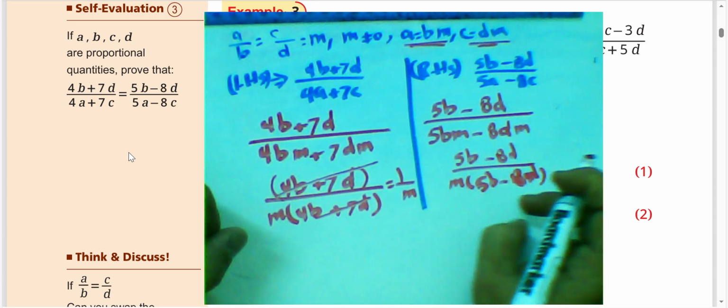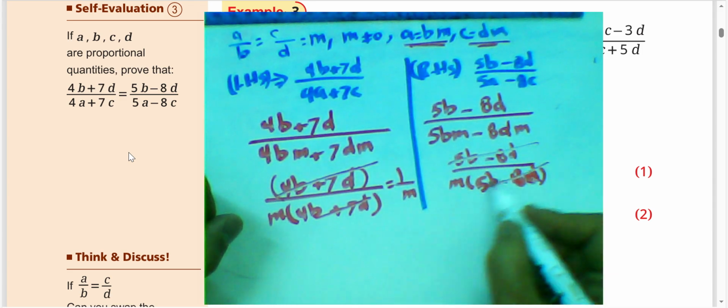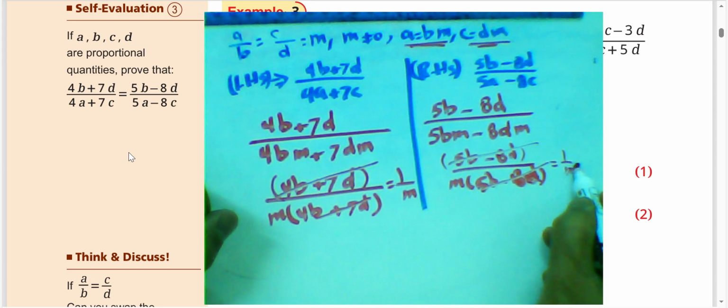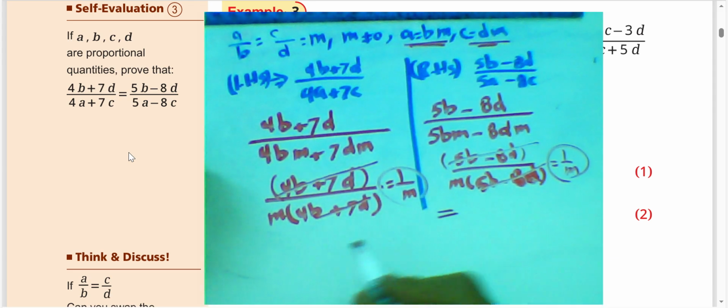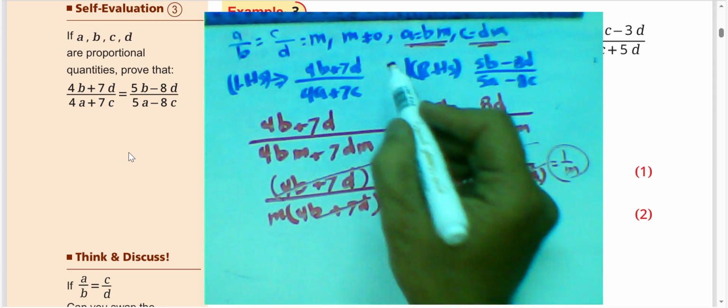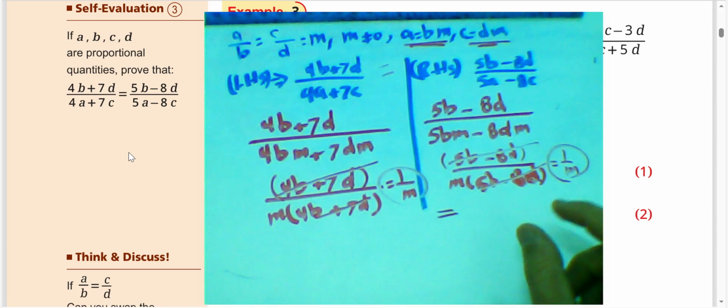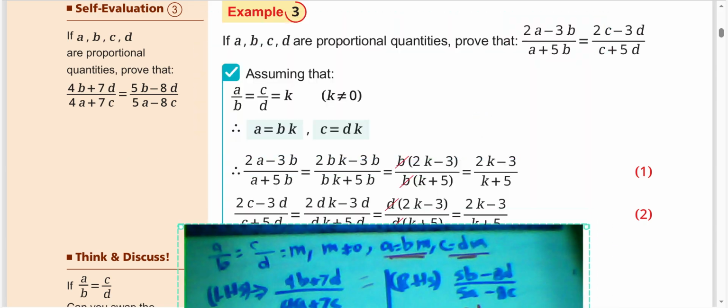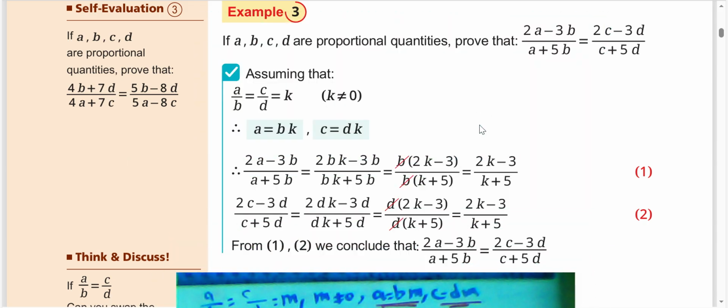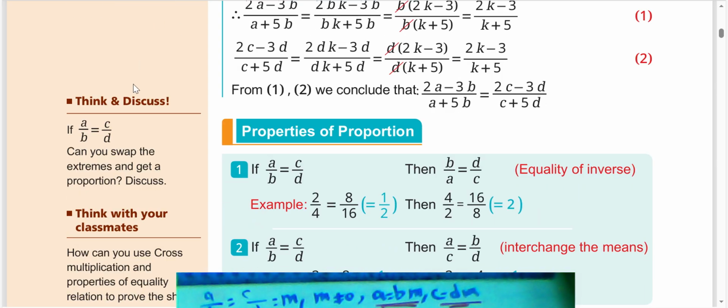Now I will cancel, and the result is 1 over m. The left hand side is equivalent to the right hand side, because both results equal 1 over m.